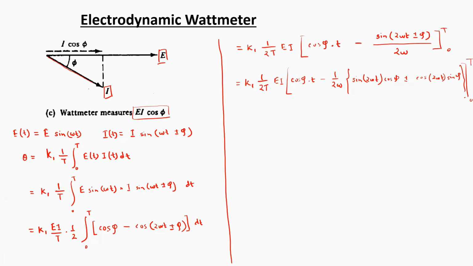Now if we put the limit of 0 and t in these expressions, then we will see that this overall term will give us 0. Then with the other term, this one cos phi into t, we will end up with cos phi into capital T if we put the limit from 0 to t.